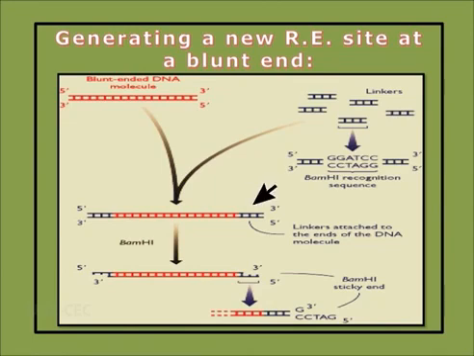And what we do is add these linker DNAs to the blunt-ended insert DNA molecule. Thereby, if I digest this insert with the restriction endonucleases now, then I can convert this blunt-ended DNA into a sticky-ended DNA, which is made suitable to be introduced into a suitable cloning vector.